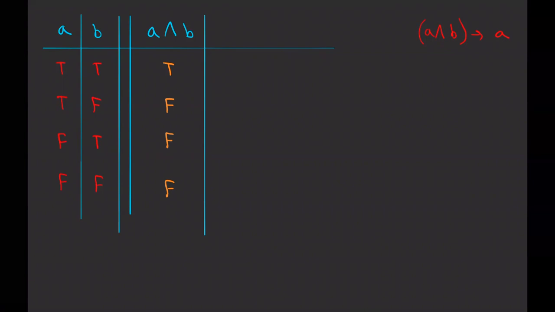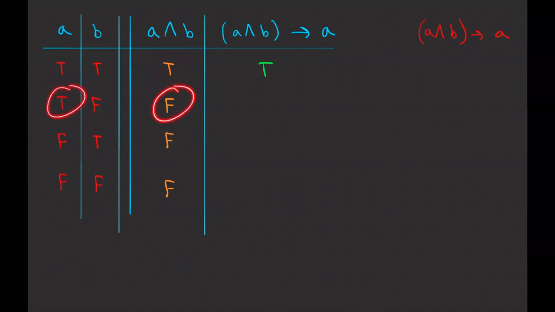Now I'm going to take this A and B and do an if-then with A. Again, I'm not even looking at the B column anymore. I'm just doing an if-then with this column and this column, looking across. If true, then true yields true.